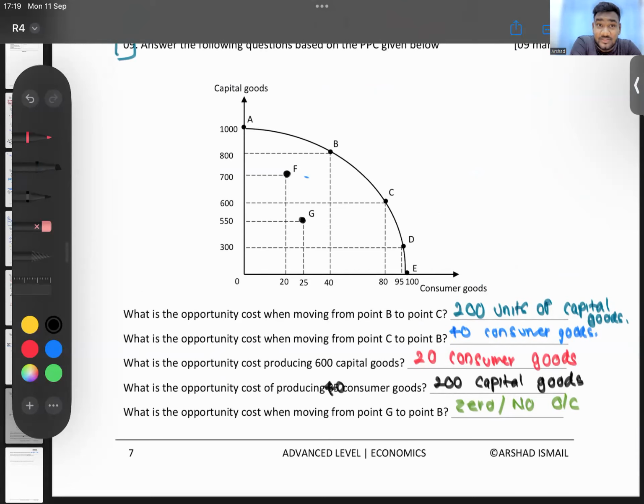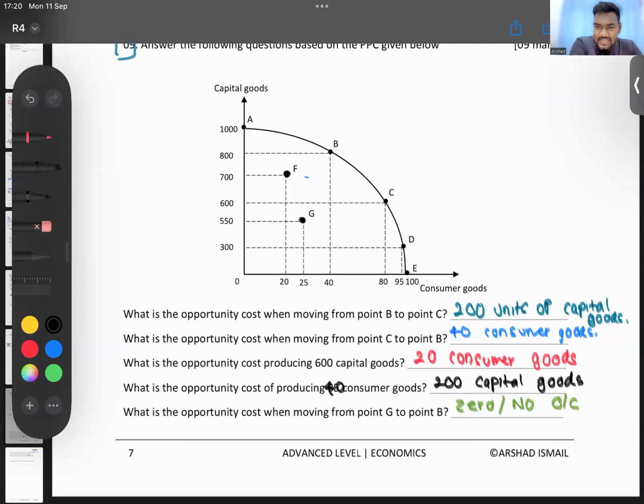What if you move from G to A? What do you all think?